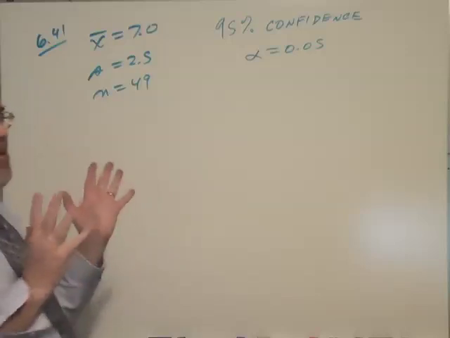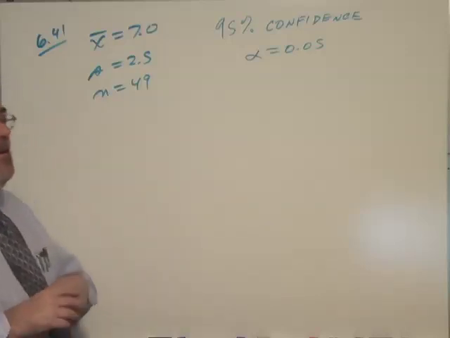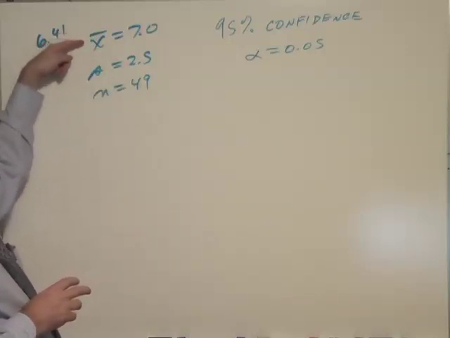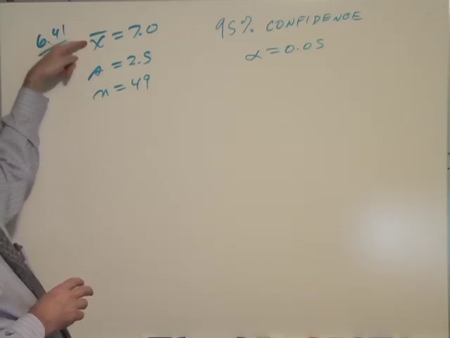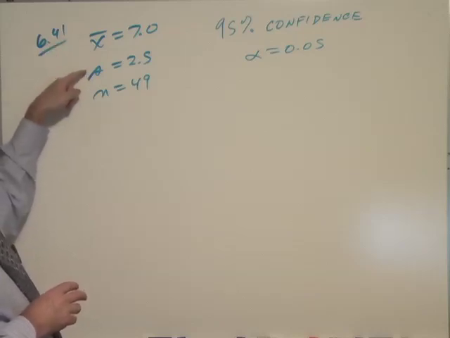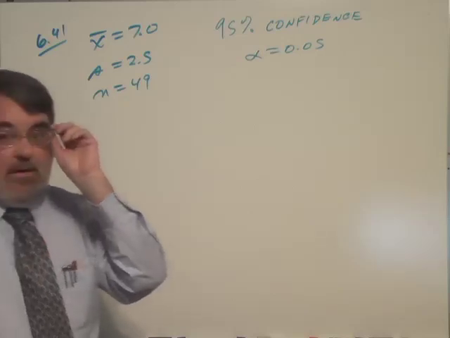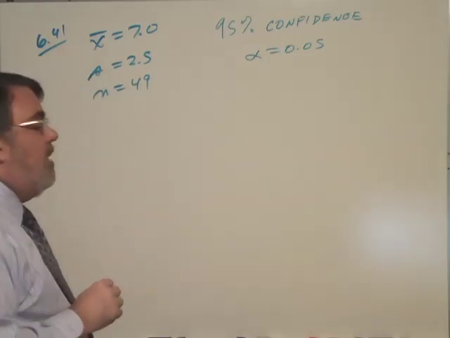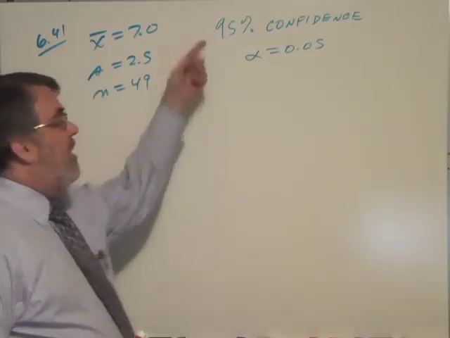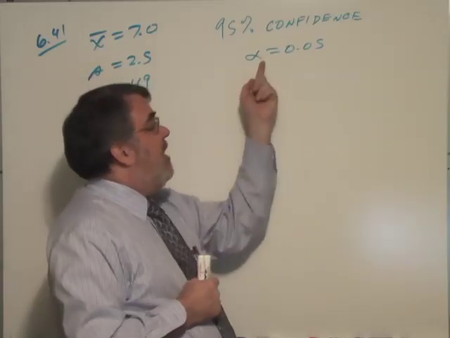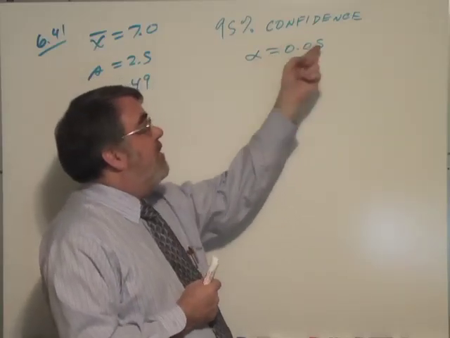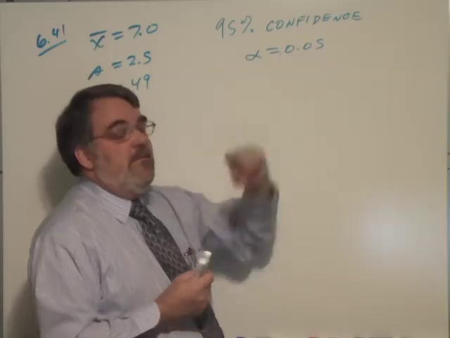All right, now I wrote the essentials down here. The mean number of days lost due to illness was 7.0 days per year. Standard deviation was 2.5 and is based on a sample of 49 employees. They're asking for 95% confidence, which means that alpha, the type 1 error, is 5%, 0.05.